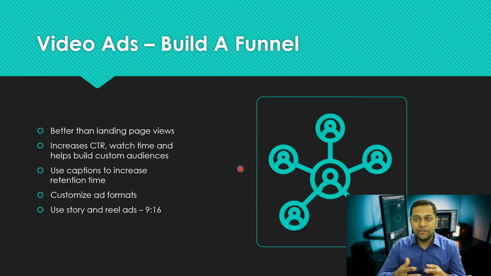Let them watch the video and then build a custom audience out of people who watched 5, 10, 30 seconds of your video, and then retarget the custom audience that you just built out of video views, and run a lead gen ad. So that's how you build a video funnel which will help you to identify potential customers out of a big audience and go from there. And also, it helps with increasing click-through rate, watch time, and as I said, it helps build custom audience.